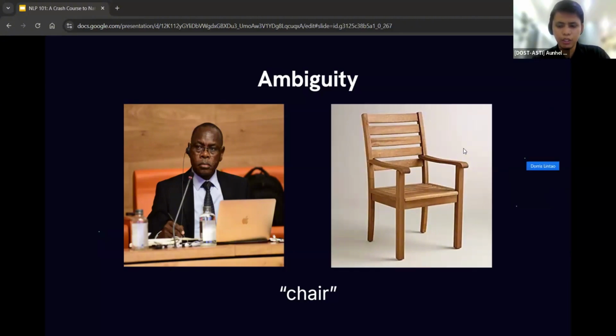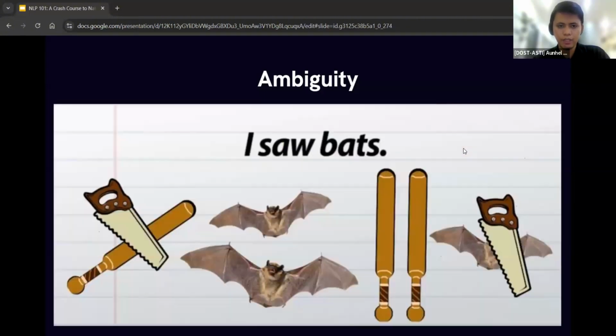So words, or language, can be very ambiguous. Regardless of the structure of your sentences or the words, it can still hold different meanings. Imagine, let's say, the sentence, I saw bats. Did you use a saw to cut a baseball bat in two?